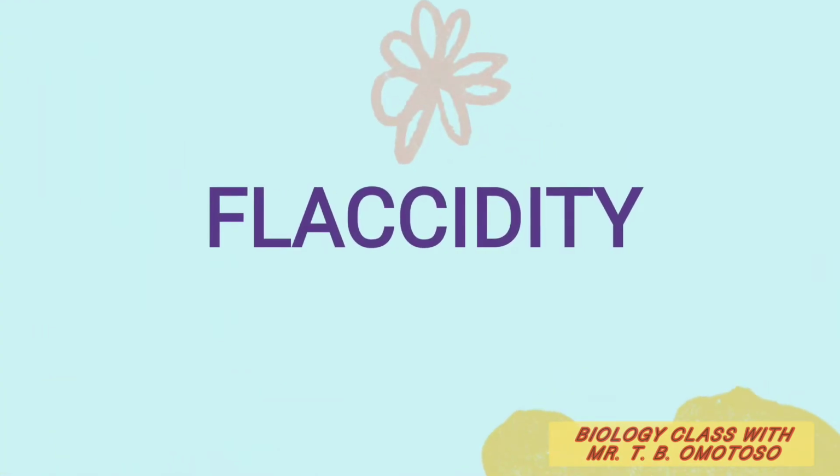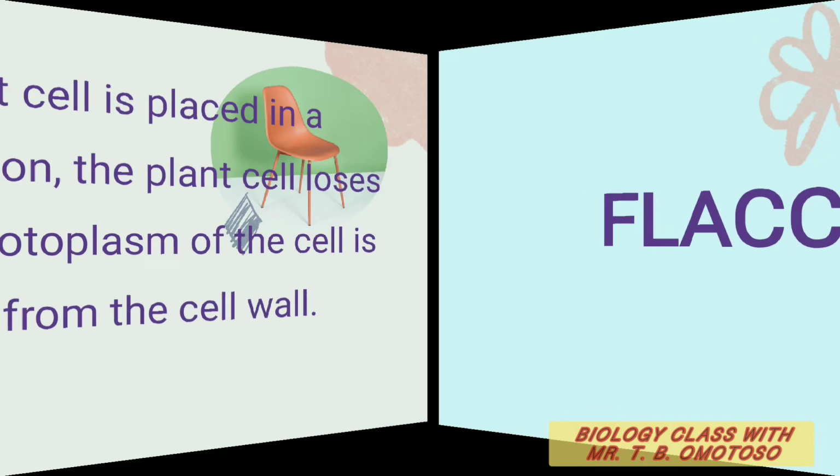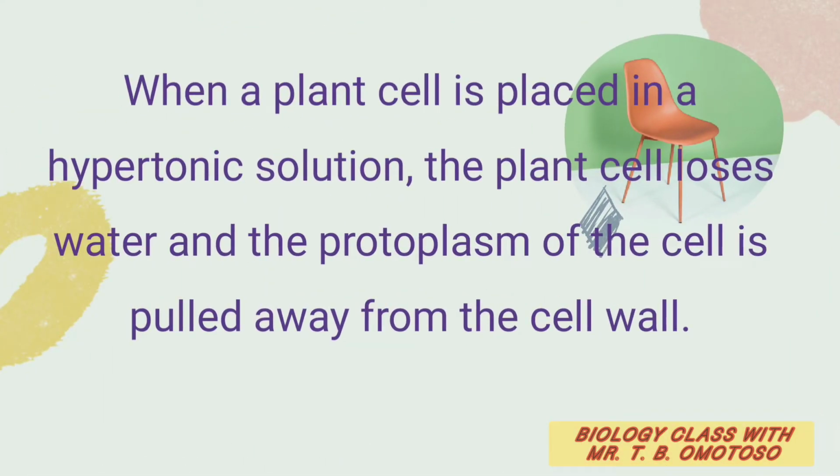And then we now talk about flaccidity. So what is flaccidity? When a plant cell is placed in a hypertonic solution, the plant cell loses water and the protoplasm of the cell is pulled away from the cell wall. So let me just break it down there.